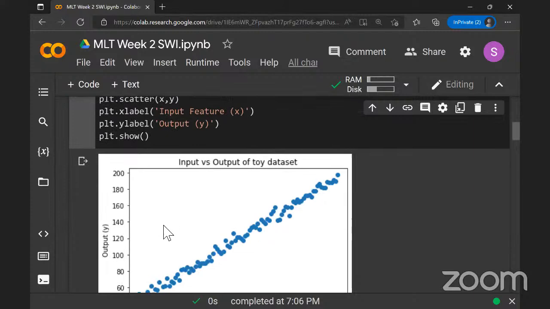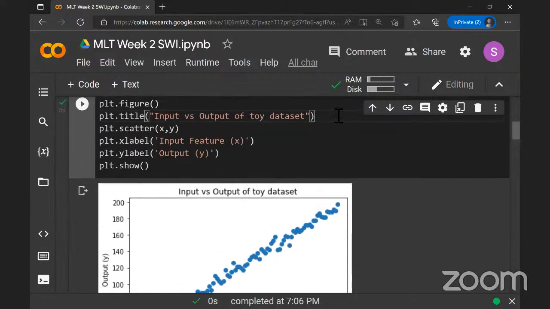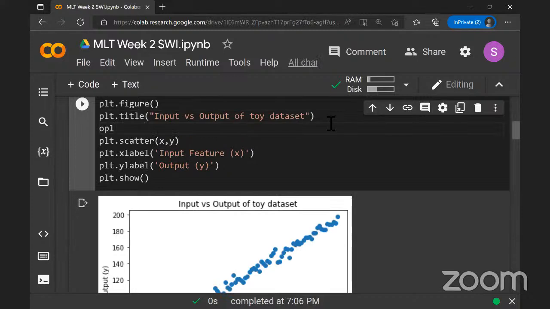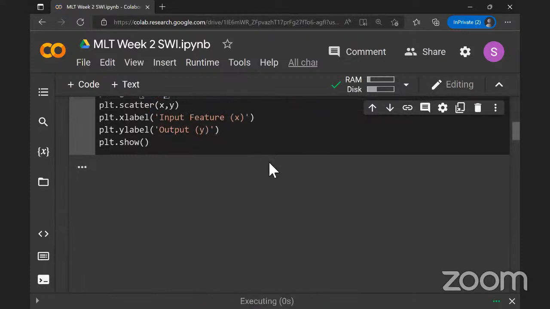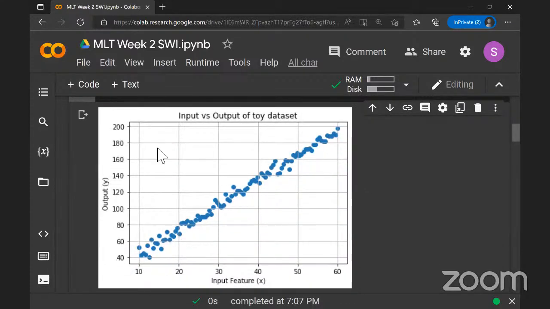Sometimes you would rather want to see the grids also. That means the lines, some intermediate lines, which are faintly visible. For example, plt.grid. Now you can see these horizontal and vertical guiding lines as well.